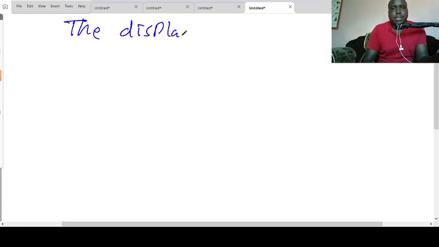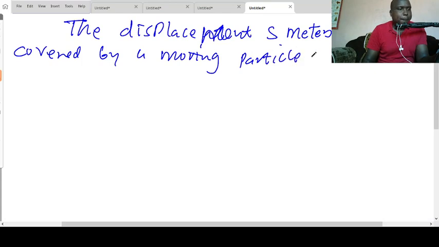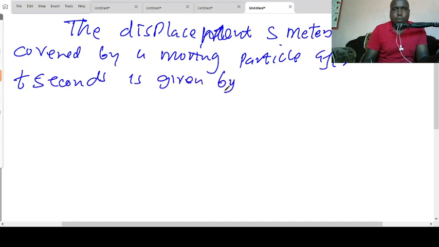The displacement S in meters covered by a moving particle after t seconds is given by S is equal to 2t cubed plus 4t square minus 8t plus 3.